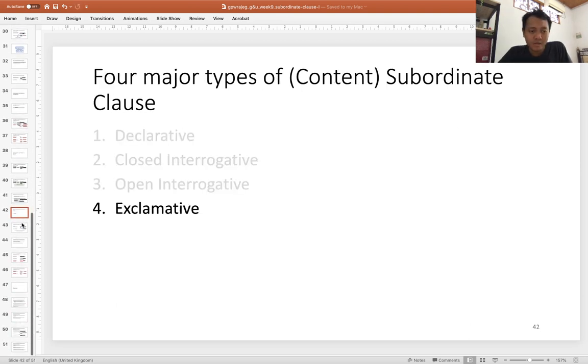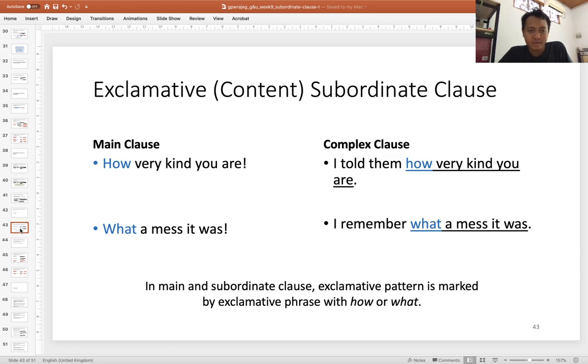Okay, the exclamative one. Exclamative subordinate clause is marked by the phrases how and what. In the main clause you see "How very kind you are." "What a mess it was" is a main clause of exclamative type, and you can embed that as a subordinate clause with similar structure.